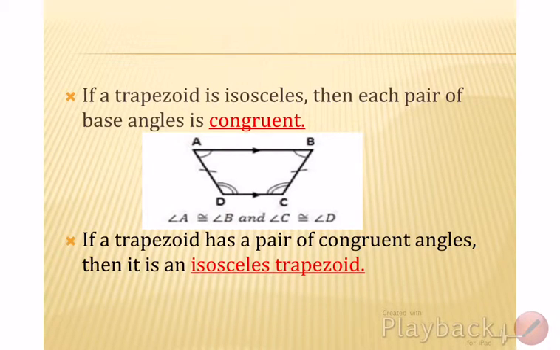If a trapezoid is isosceles, then each pair of base angles is congruent, and the converse of that is that if a trapezoid has a pair of congruent base angles, then it is called an isosceles trapezoid.